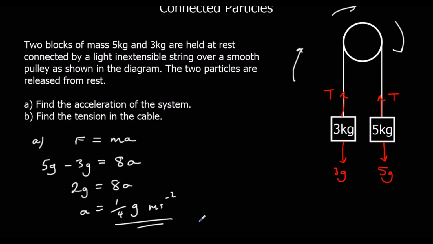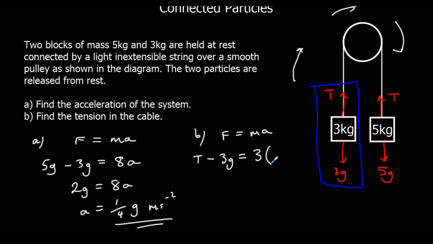Find the tension in the cable. So again, we'll just look at one of the blocks now. F equals ma again. The force going with the motion is T. The force opposing the motion is 3g. And that equals ma, which is 3 times 1/4 g.